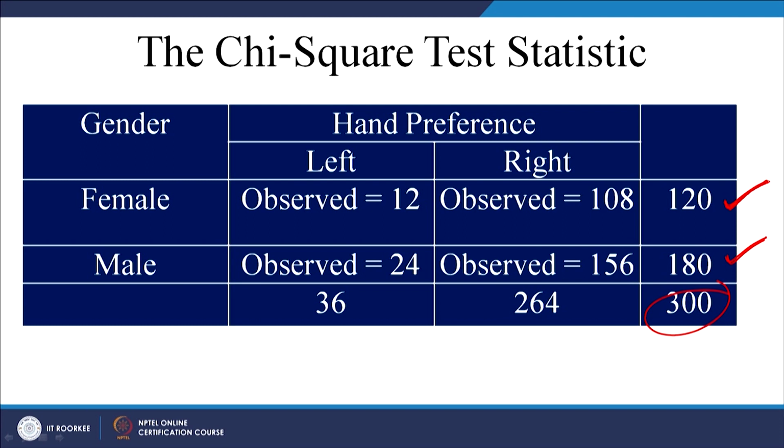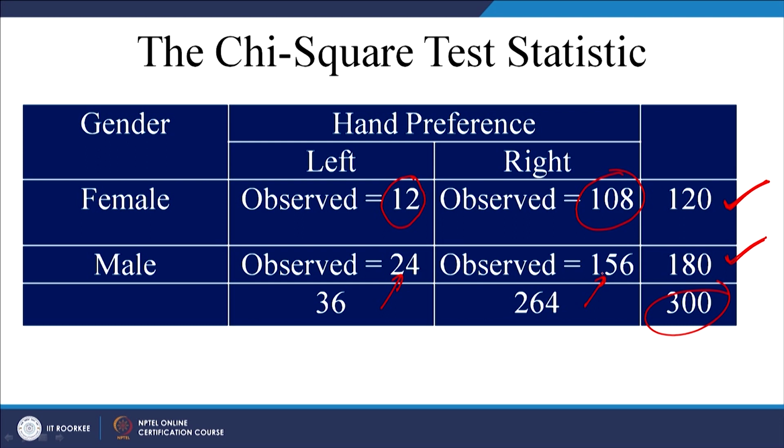Out of 120 females, you have observed that 12 were left-handers and 108 were right. Similarly, out of 180 males, 24 left-handers and 156 right-handers, right. So, you have got these observed frequencies.